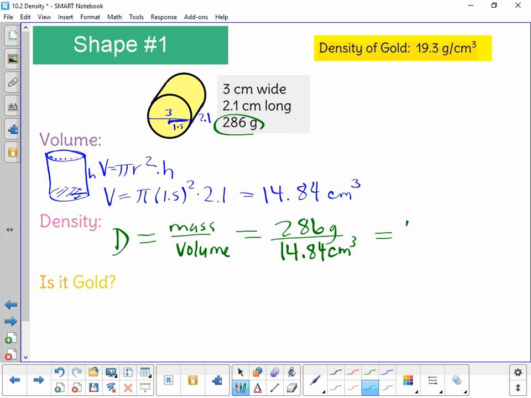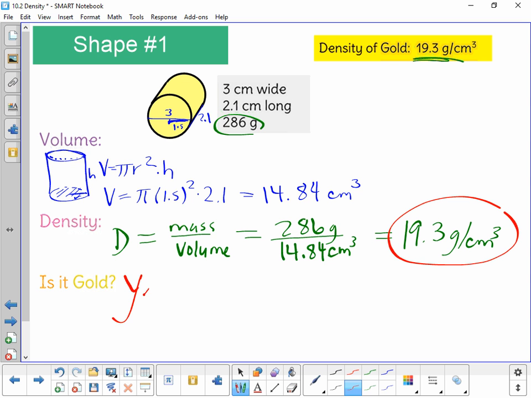So the density is 19.3 grams per centimeter cubed, and that matches the density of gold. So I think we would probably conclude that, yes, this is fairly likely actually made out of gold.